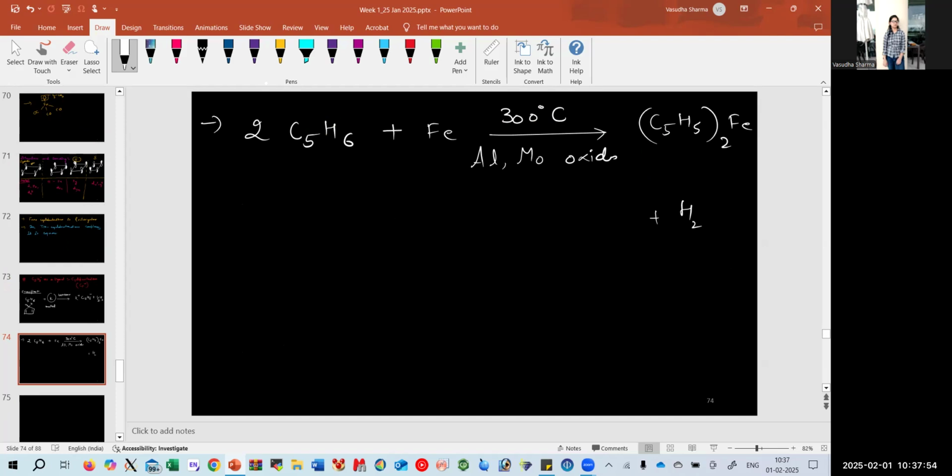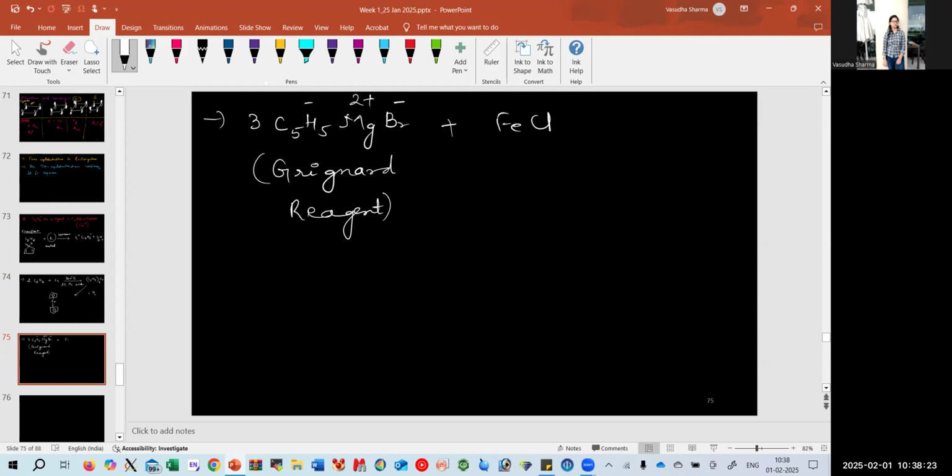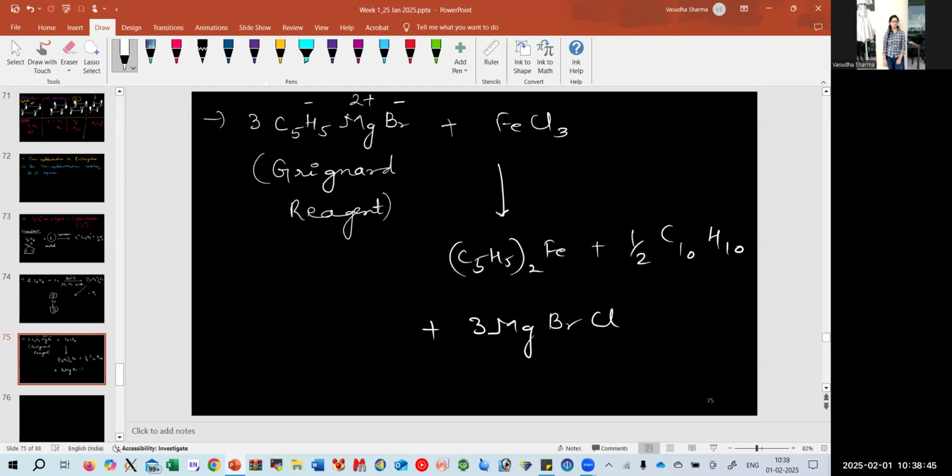So this is your iron Cp sandwich compound. Another example, if we treat C5H5 magnesium bromide, which is a Grignard reagent, with Lewis acid iron chloride, it would form stable C5H5 twice iron, and it would release half a molecule of C10H10 and 3 molecules of MgBrCl, right?